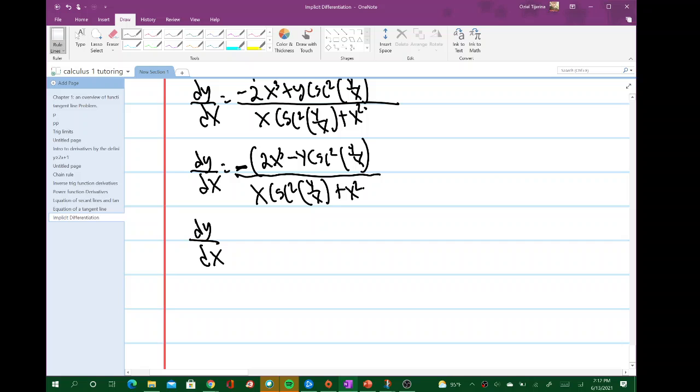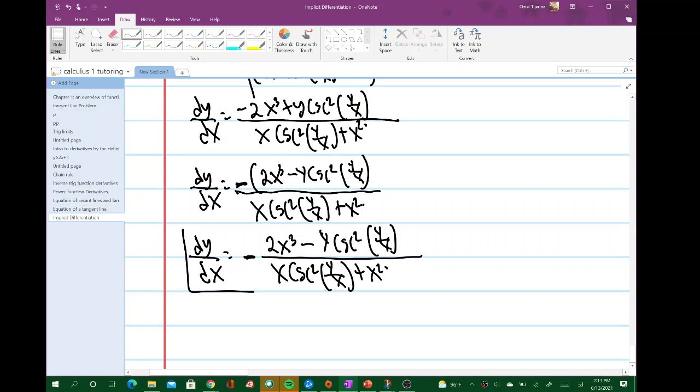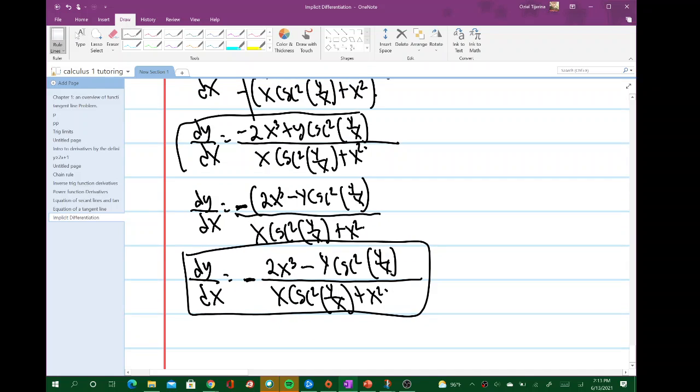Another way to write it is dy dx equals negative 2x cubed minus y cosecant squared of y over x, over cosecant squared of y over x plus x squared. You can write it this way as well.